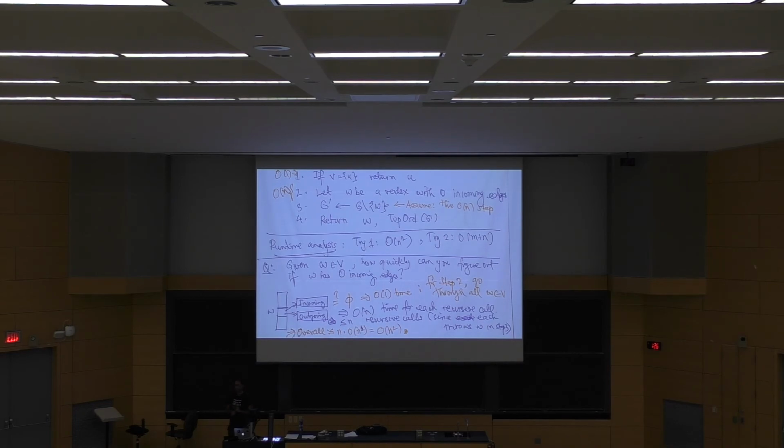Otherwise, what I wrote was absolutely incorrect. Maybe I should just start making errors on purpose just to see if you guys are awake or not. Any questions? Is everyone okay with the algorithm and with the O of n squared runtime analysis?